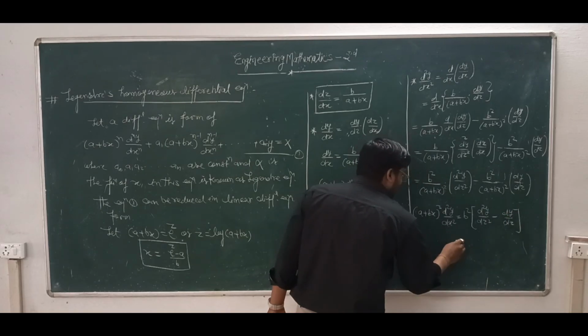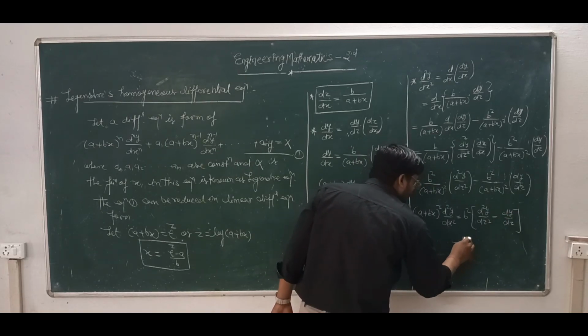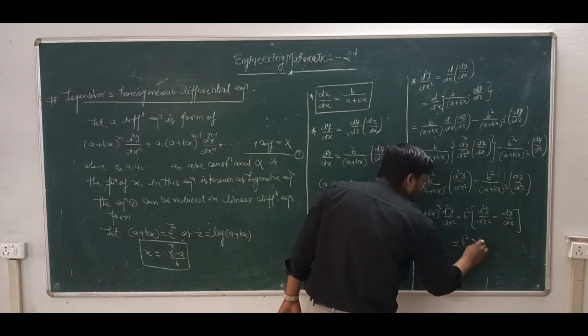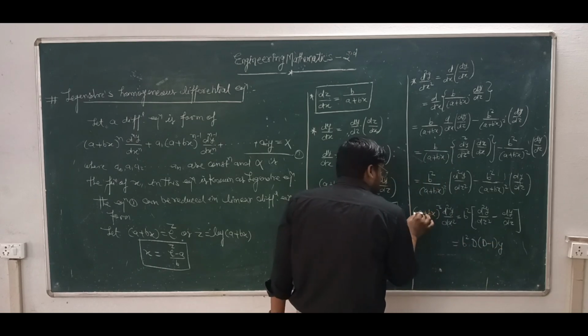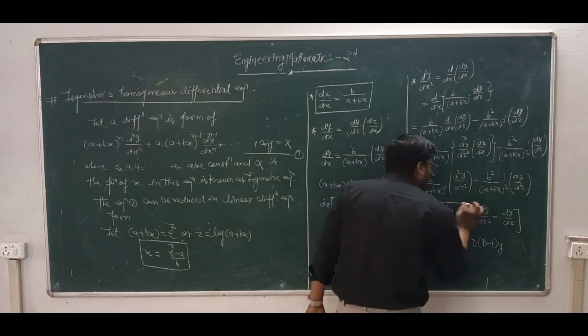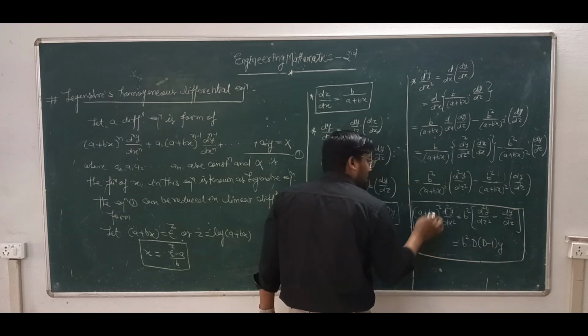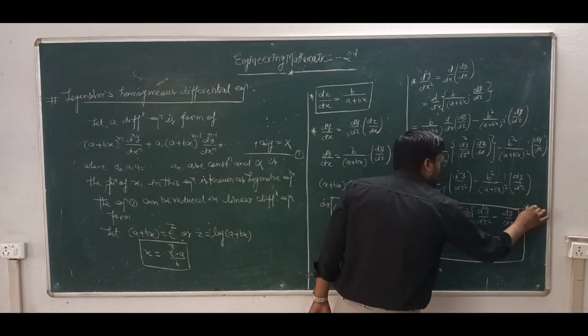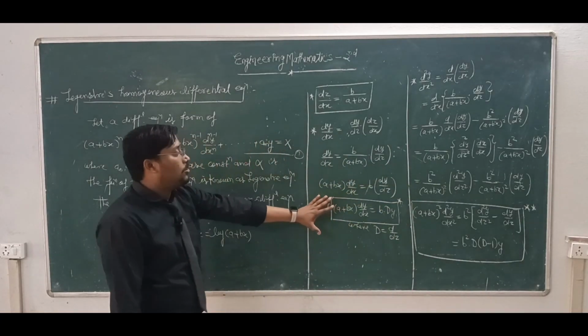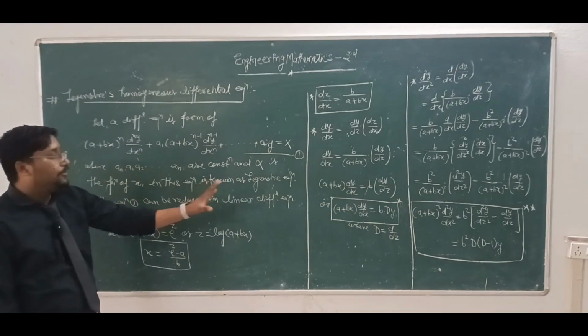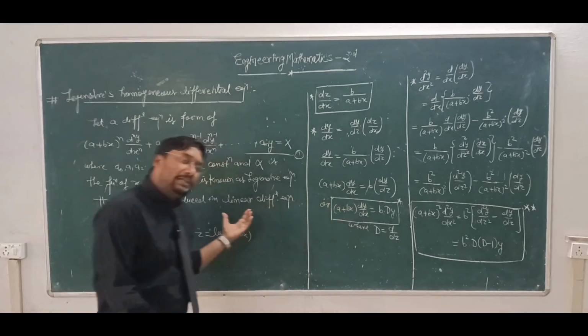Now you can simply write b square D(D minus 1) y. This is the second derivative of the Legendre function. Please note down both functions. This is the solution of the Legendre form to convert it into a linear differential equation.